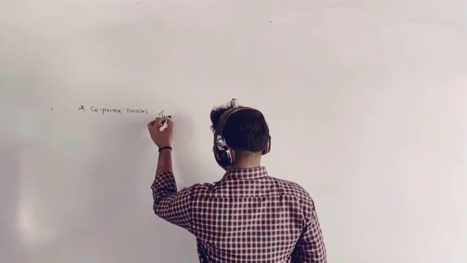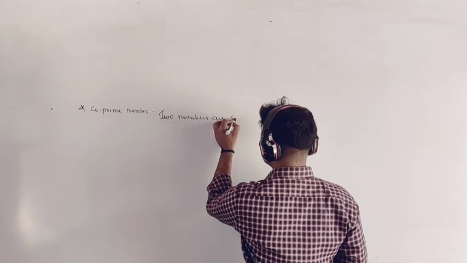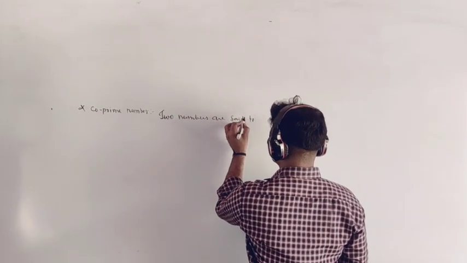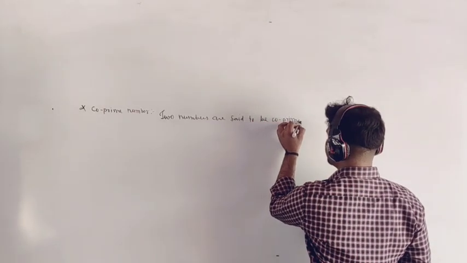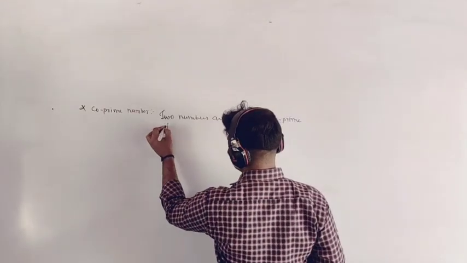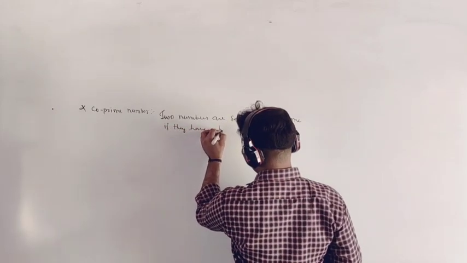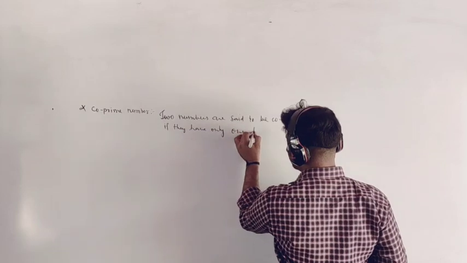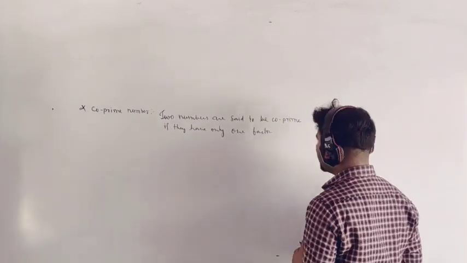Two numbers are said to be coprime if they have only one common factor.